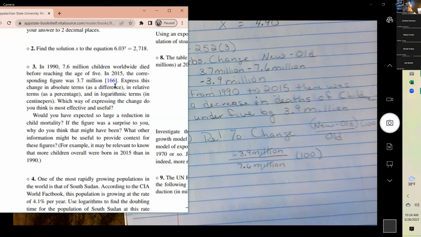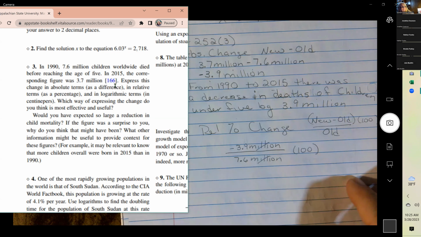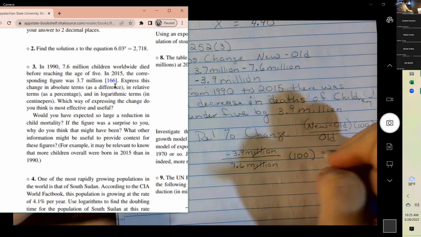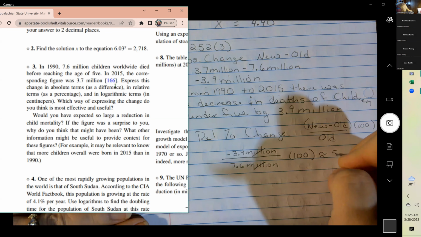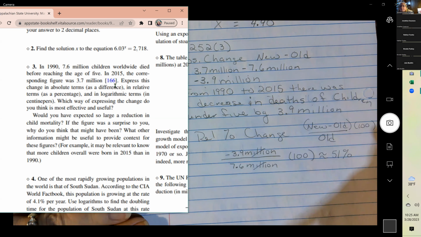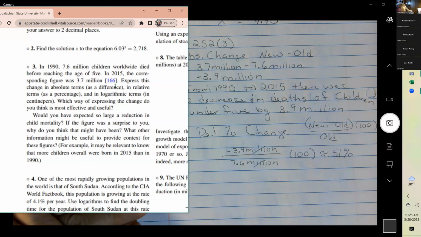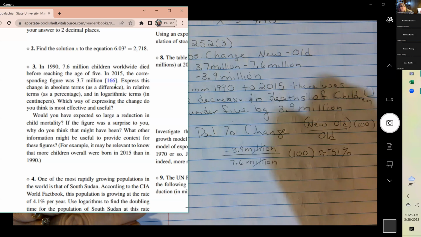Just divide and then multiply by 100. So you should be getting a negative 51%.